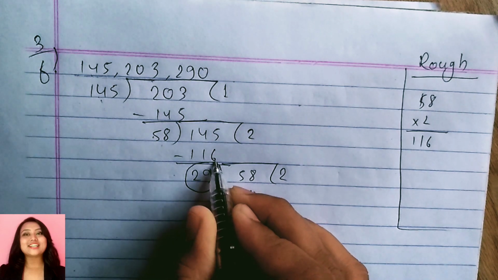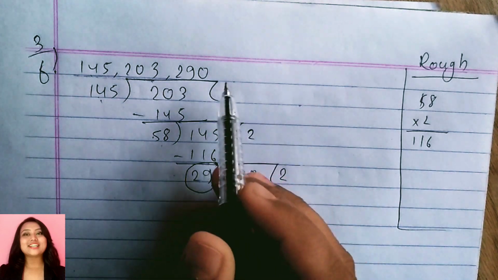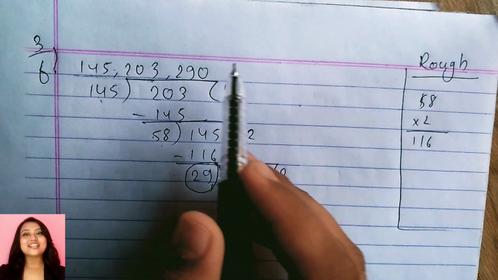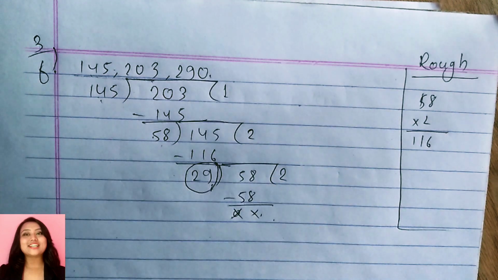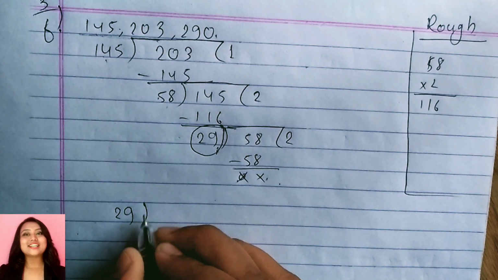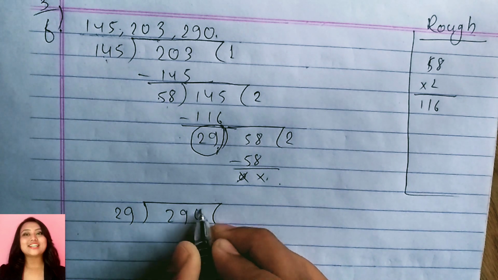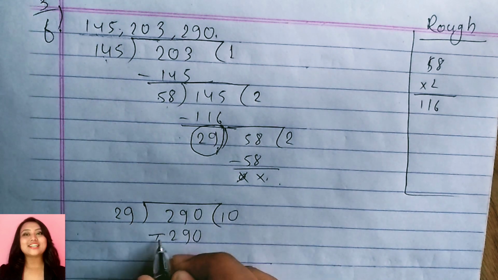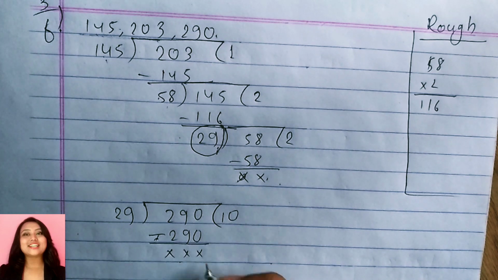Since we have three different numbers, this one will again have to divide 290. So let's try 290. 29 tens are 290, minus, and the remainder is 0.